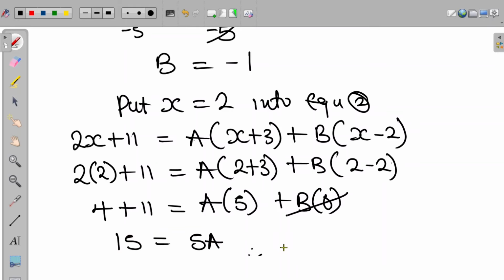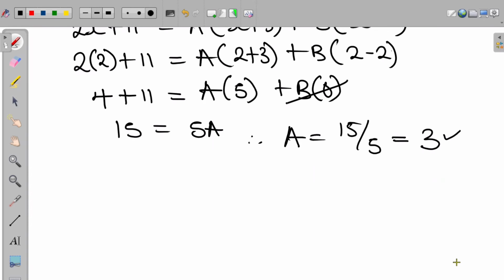Therefore, A is equal to 15 divided by 5, which is equal to 3. So we have obtained the value of B to be -1 and A to be equal to 3. Now we can substitute the values of B and A into equation 1.